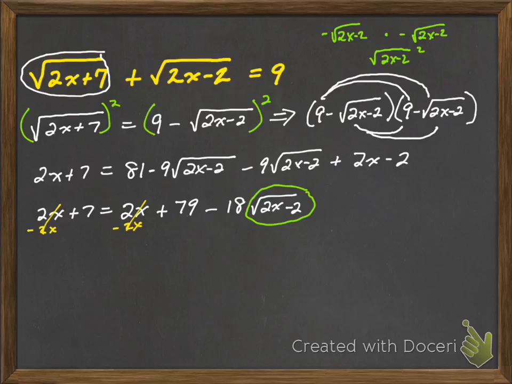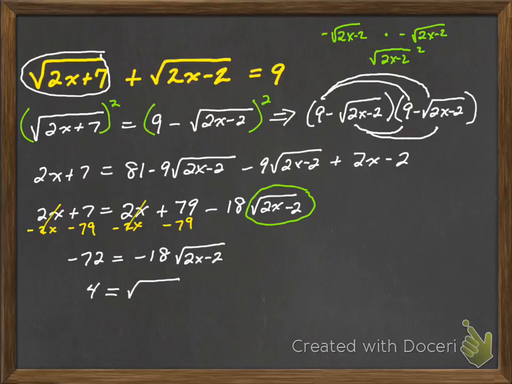Now we're going to subtract 79. That will give us negative 72 equals negative 18 square root. Now we divide by negative 18, and negative 72 divided by negative 18 is 4. So 4 is equal to the radical.